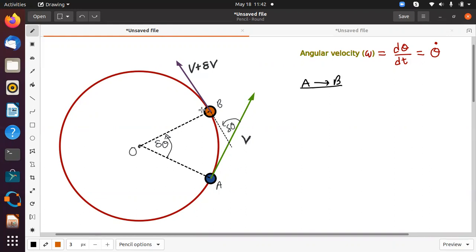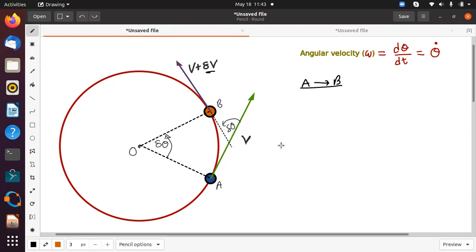When the particle is at B, you know that this velocity will always be tangential to the path because it is moving in a circular path. And when it is at B, we assume that the velocity has changed by this amount, delta V. For a uniform case, delta V would be 0, but we are just going to look at the most general case.